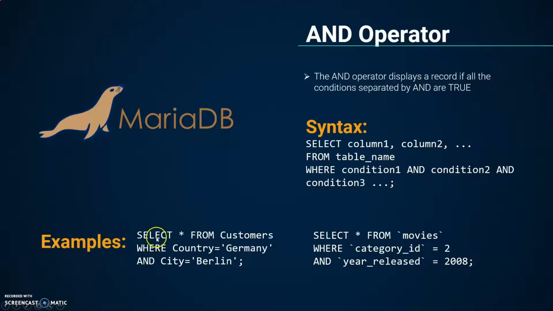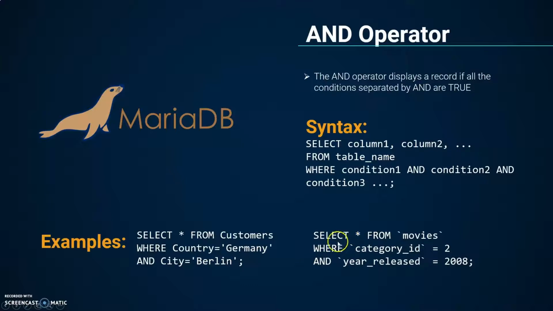So an example here, I'm selecting all fields from customers where the country field equals Germany and city equals Berlin. That means I'm selecting every field from customers where the country field's value equals Germany and Berlin.